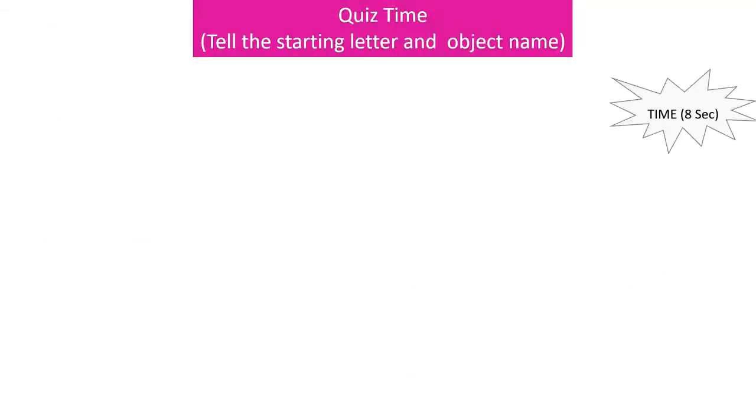Fun time now. Let's do the quiz with timer. Look at the object on the screen and tell me the starting letter and name of the object in 8 seconds. So here we go. First object is on your screen and time starts now.